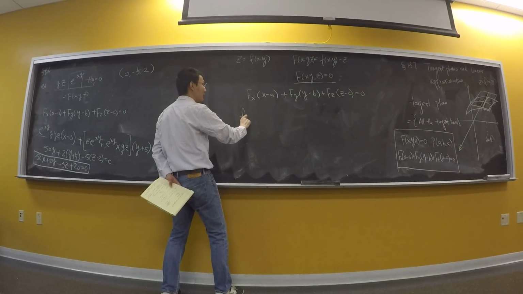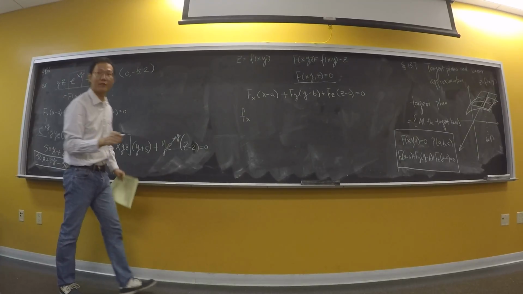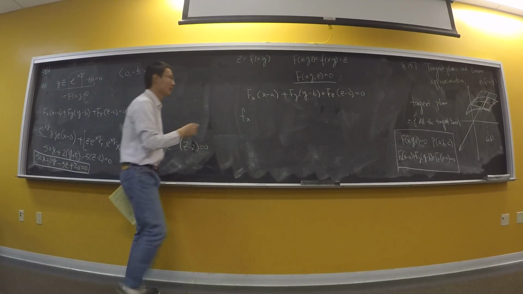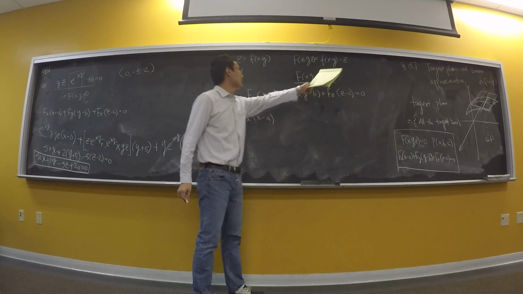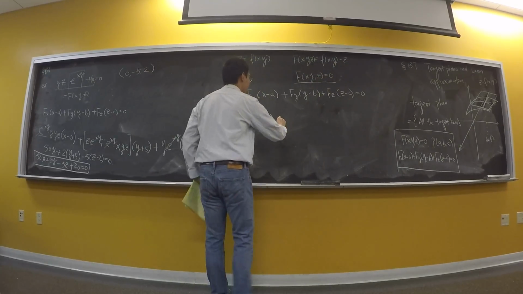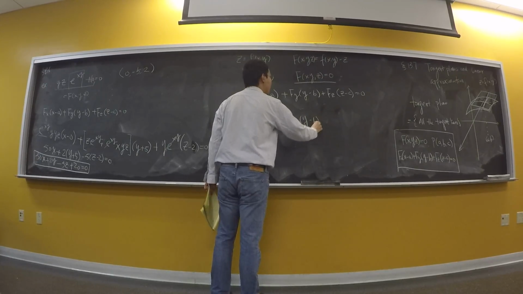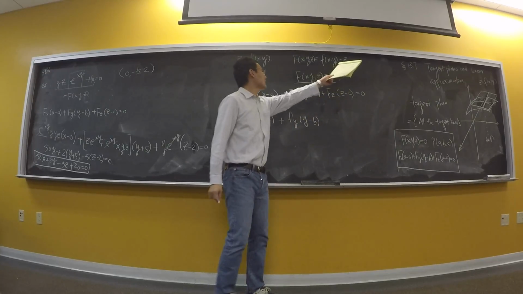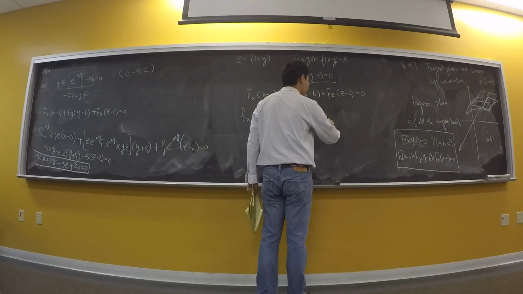It's just small f_x. Am I right? So f_x times (x minus a). If I take the partial derivative with respect to y, I'm just getting small f_y times (y minus b). If I take the partial derivative with respect to z, it's going to be minus 1.